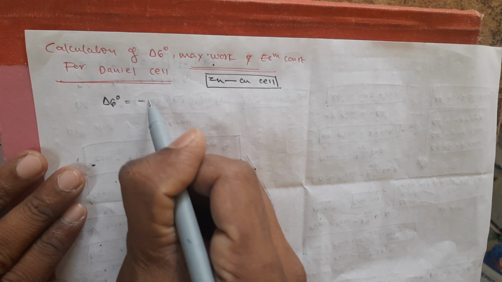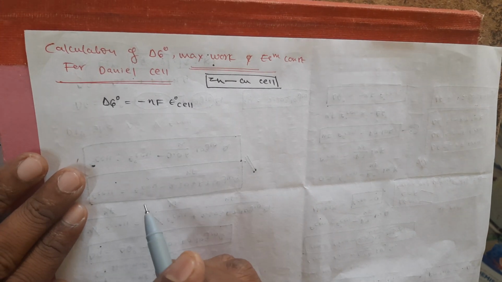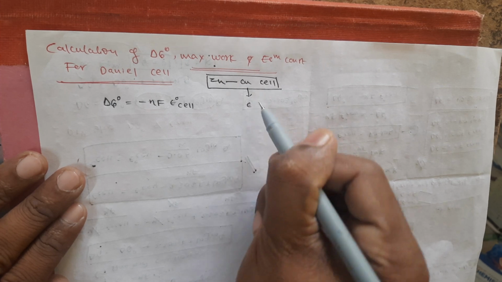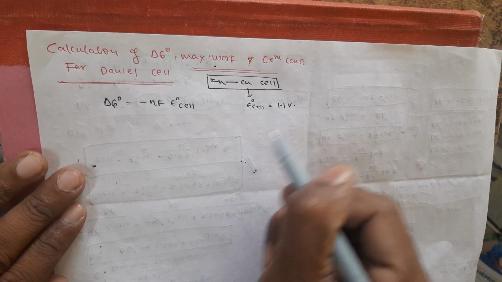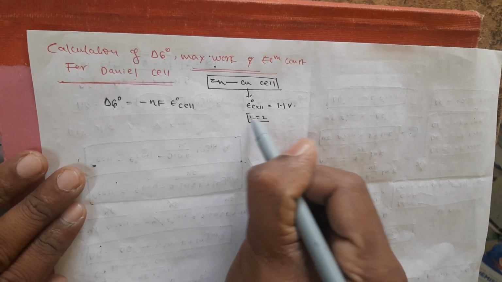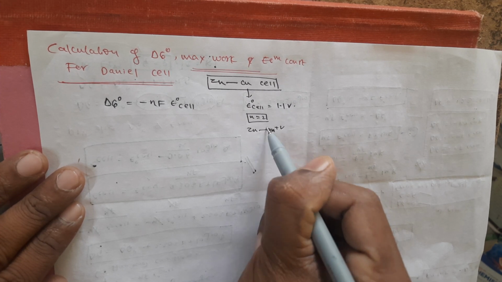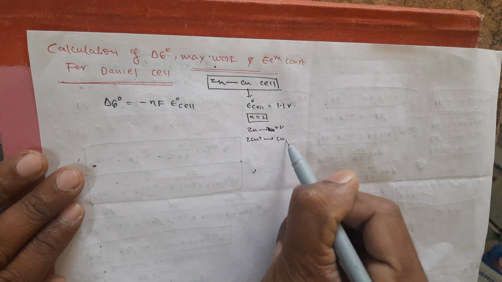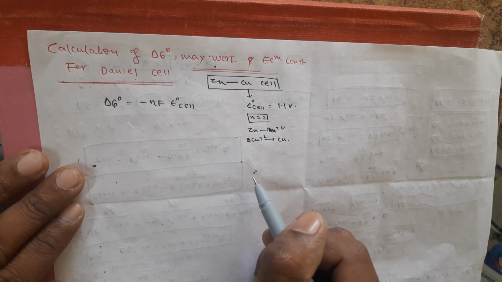Delta G naught is equal to, the formula we gave, minus nF E naught cell. In the zinc and copper cell, the Daniell cell, previously we discussed that the E naught cell potential is 1.1 volt and the number of electrons changed is 2, because zinc is converted to Zn plus 2 and copper plus 2 takes electrons and is converted to copper.